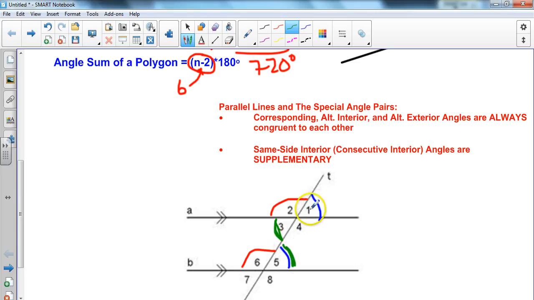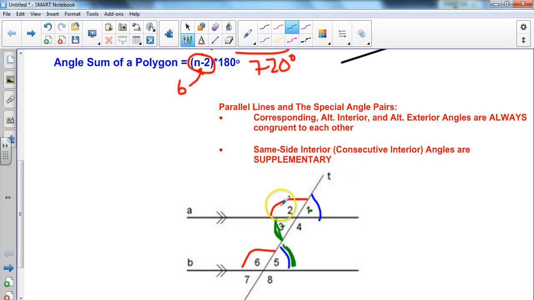And think about this, 1 and 3 are vertical, aren't they? So we know their angles are the same. So that makes sense. If this angle has the same measure as this, and this has the same measure as this, 5 and 1 are corresponding. They have to have the same measure. So we can start putting some thought process and explaining why these have to be true. Okay? And that's part of this challenge.